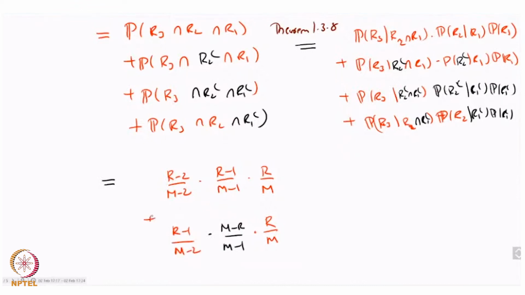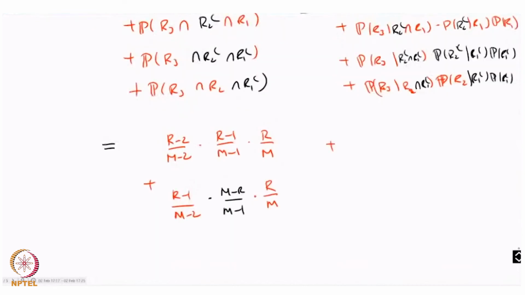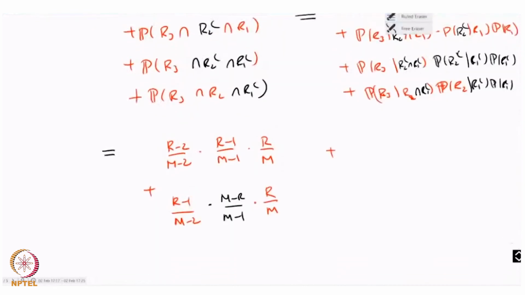Then the third one, let's say third one here is going to be equal to what now? Probability of R3 and R2 complement. Maybe write it below, so it's logically clear. Third one is going to be plus. Here I have the first one, I come with the reverse order. So I have m minus r by m. That's the first one.